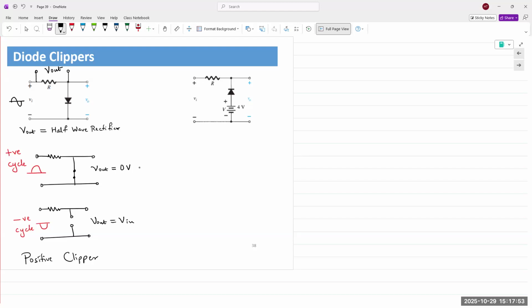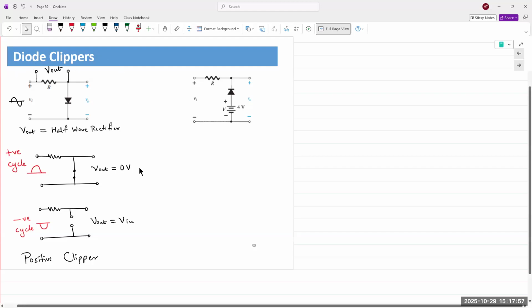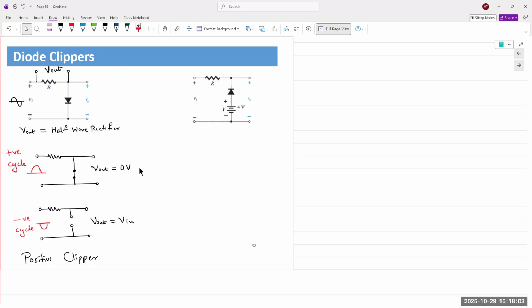No, I'm saying the same circuit, but we take V out across that resistor. You sure? You just said positive clipper. Now you're changing your answer? Okay. All right. Should we lock in the answer? How about the rest of you? What do you think?